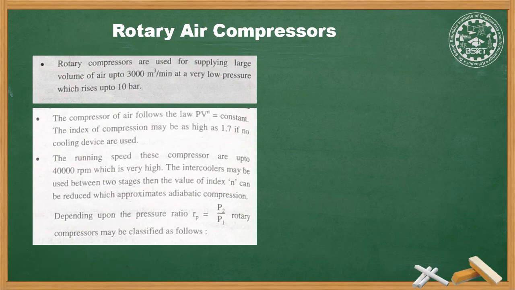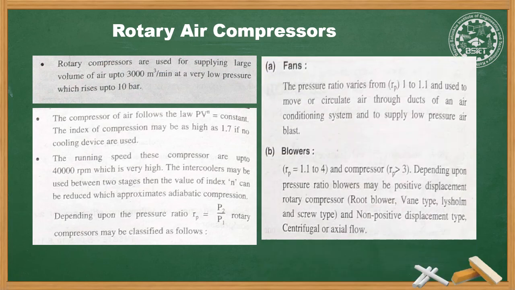Intercoolers may be used between two stages, then the value of the index n can be reduced, which approximates adiabatic compression. Depending upon the pressure ratio P2 upon P1, rotary compressors are classified as: number 1, fans.